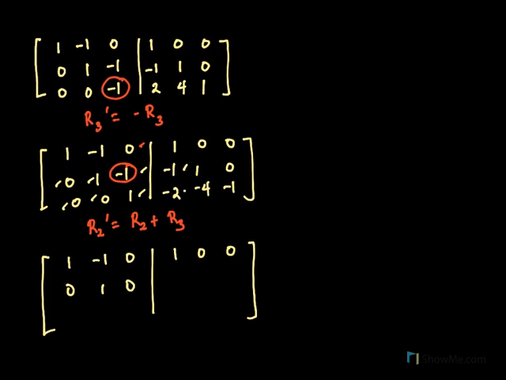Negative 1 plus negative 2, that's negative 3. 1 plus negative 4, that's negative 3. And then 0 plus negative 1, that's negative 1. Then yung third row will remain unchanged.